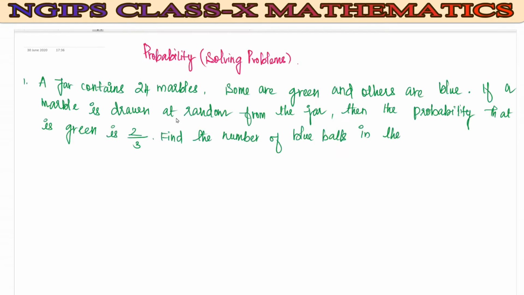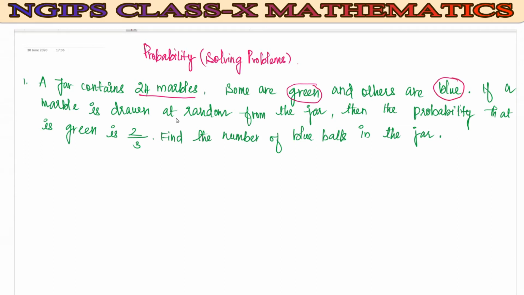Today's session we are going to discuss probability solving problems. The first one, if you look at this question: a jar contains 24 marbles. Some are green color and the others are blue color.